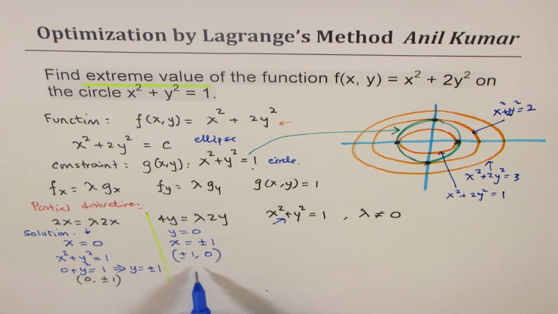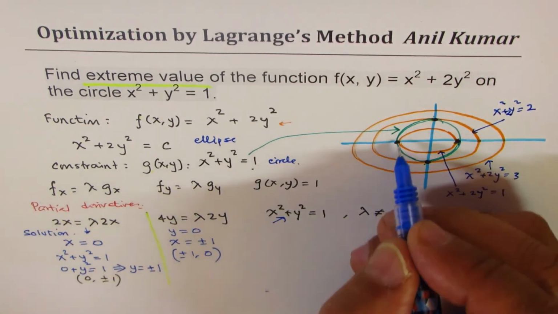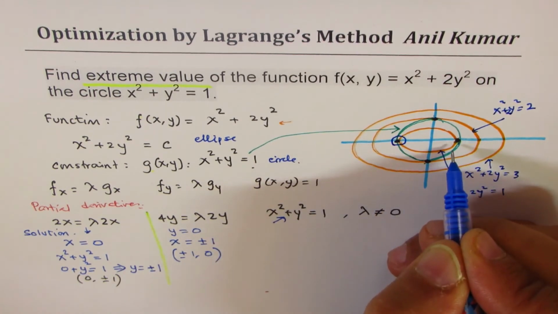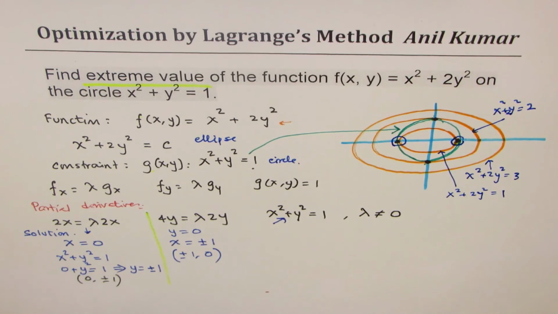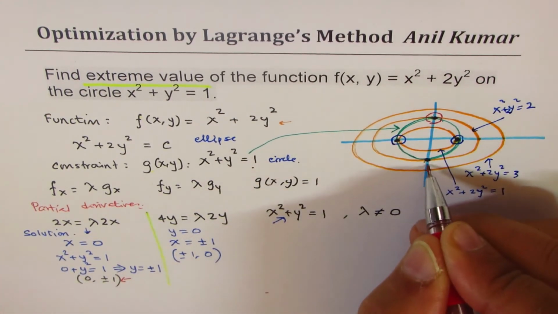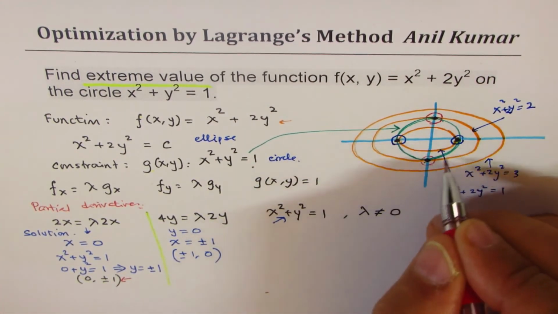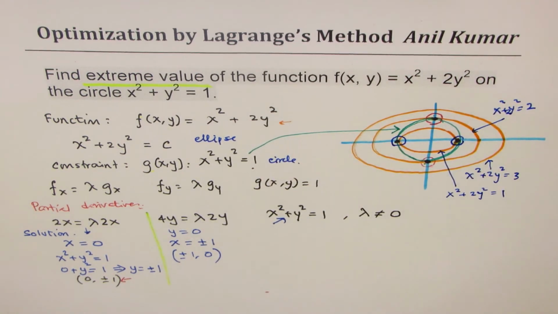So those are the 2 points. Do you get an idea? Plus 1, minus 1, y is 0. And those points which we're talking about, let me circle them in a different ink. 0 and plus minus 1 are these 2 points. So these are the 4 points which we are considering. Do you get an idea, right?